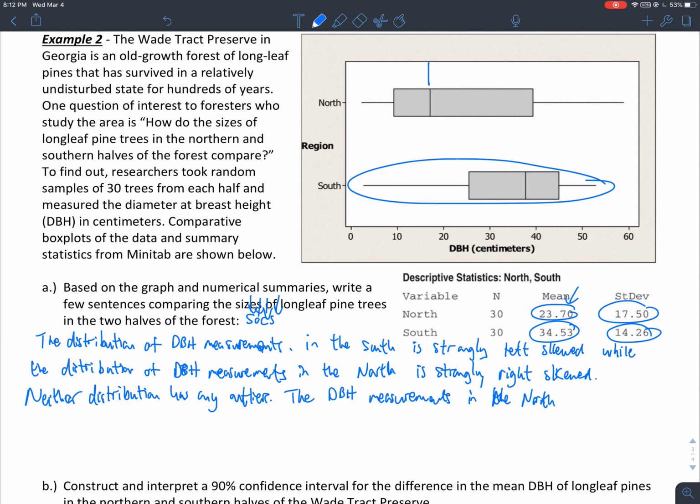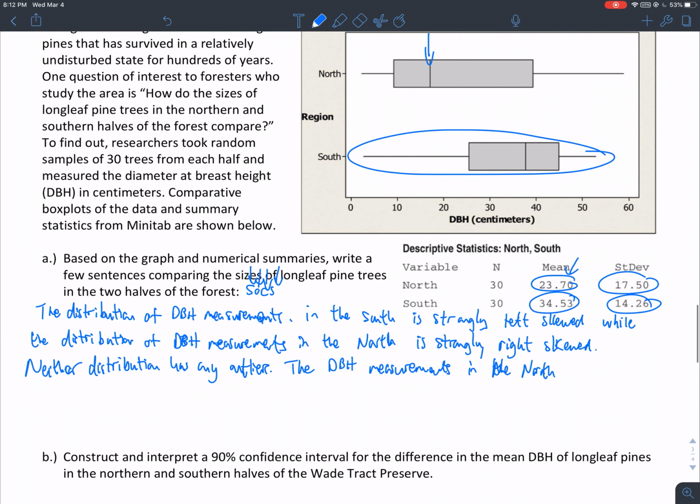Where's the north? The median is also smaller. In the north have a smaller median than the DBH measurements in the south.